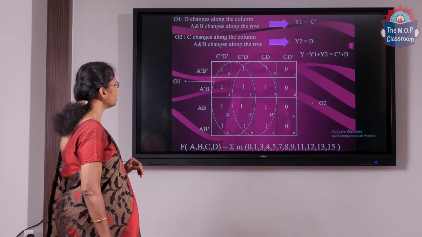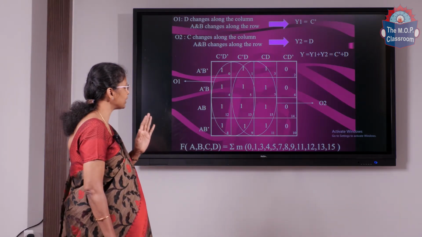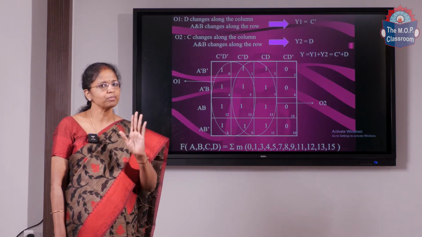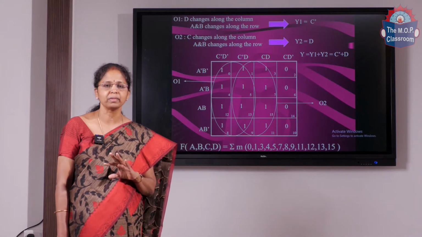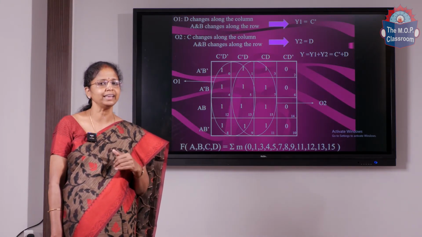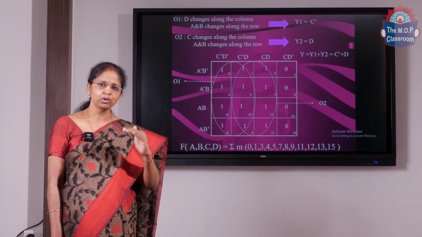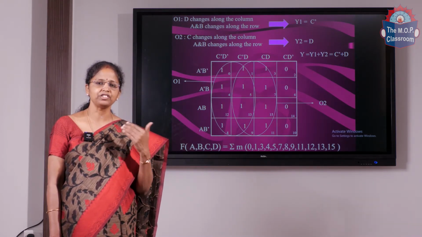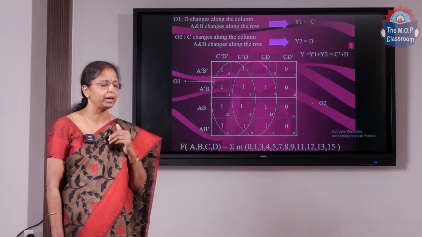Similarly, let us take octet 2. So, in this we have column 2 and column 3. So, when we move from column 2 to column 3, C is changing from complemented to uncomplemented form. So, we have to drop C, and this involves all the 4 rows of the K-map. So, as we move along the rows, both A and B change from complemented to uncomplemented form. So, we have to drop A and B again.